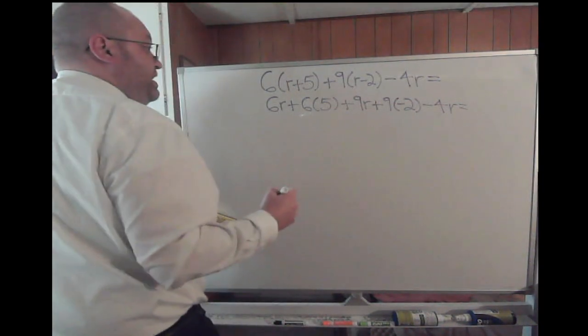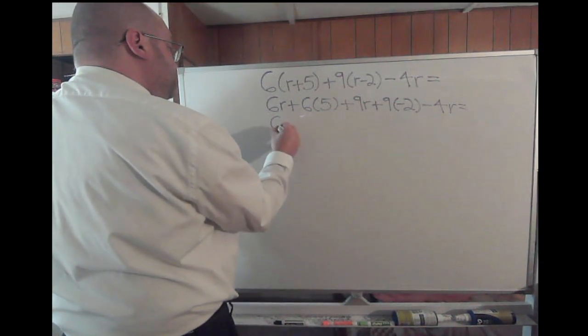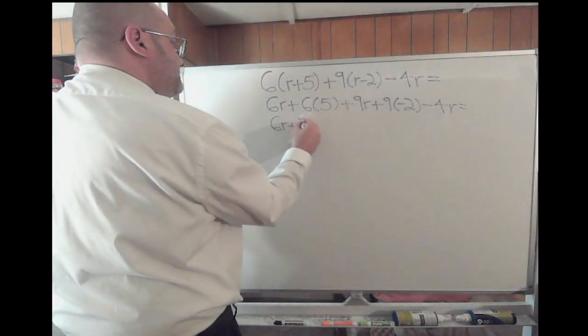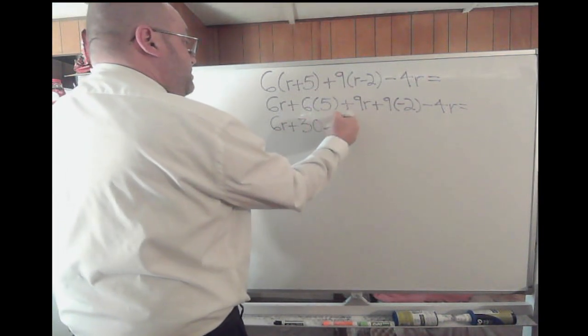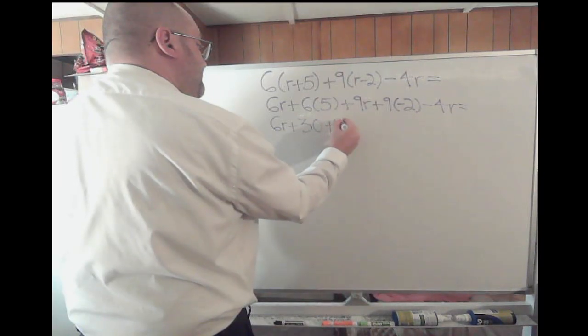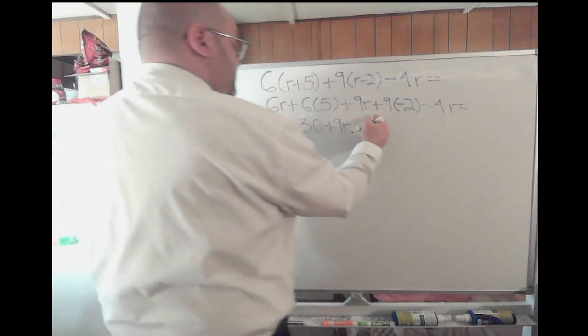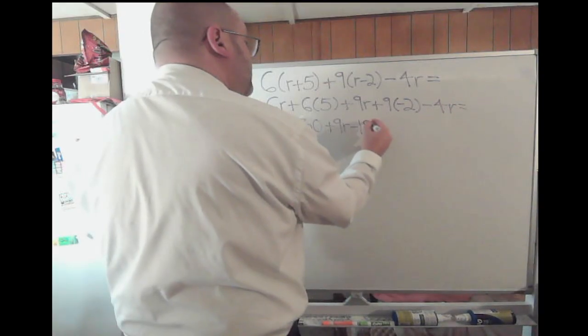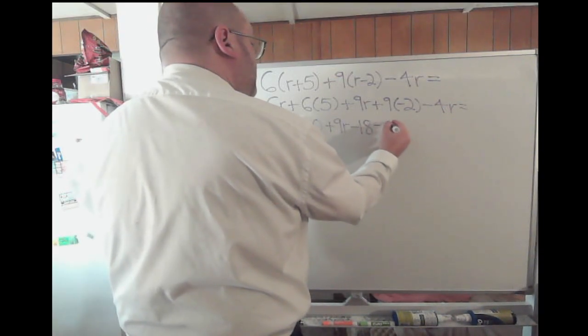Well, let's simplify this sum here. We'll still have 6r plus 6 times 5, well that's 30, plus 9r, plus 9 times negative 2, that'd be minus 18, then all that minus 4r.